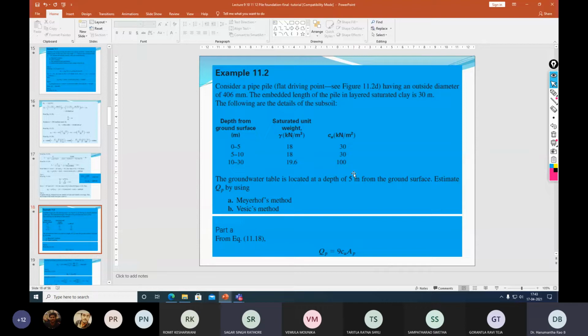Yes, first of all we are calculating the point bearing capacity, meaning the soil beneath the tip of the pile is going to bear the load. So the cohesion of that soil is 100, and only that particular value shall be taken. Again, I repeat, only the soil below the pile tip shall be considered for the point bearing capacity calculation, not even above the pile tip, which shall simply be ignored. That's it.